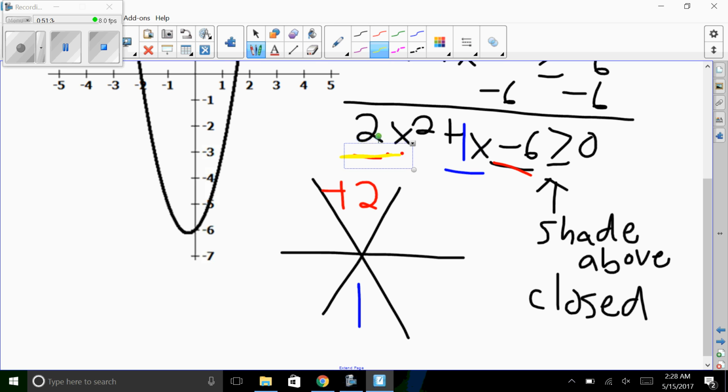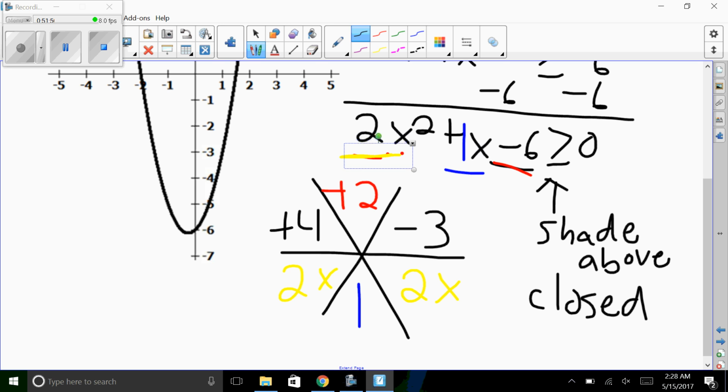This is a 2x squared, so we're going to put 2x here, and then we're going to come up with two numbers that multiply to get -12 but add to get +1, excuse me. So that's going to be +4 and -3.